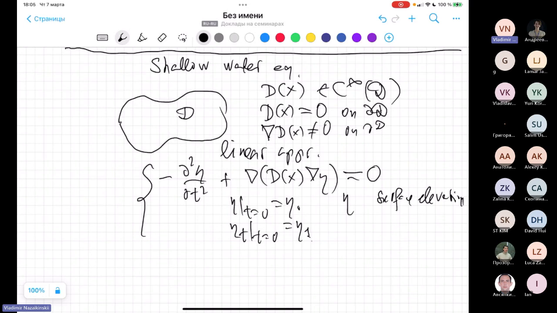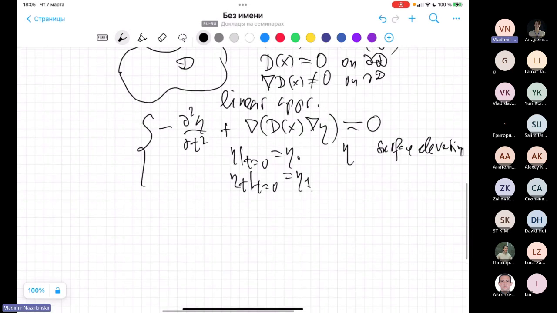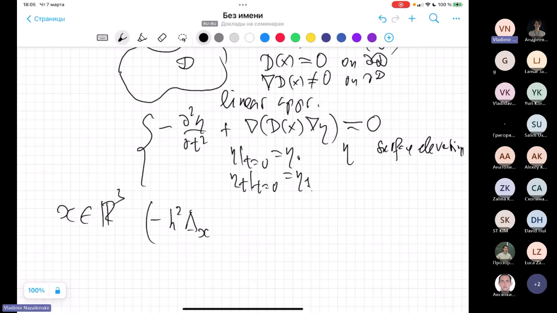The other example is the hydrogen atom. So we have this equation, where x is in R3: minus h squared delta psi minus 1 over the radius times psi is lambda psi.